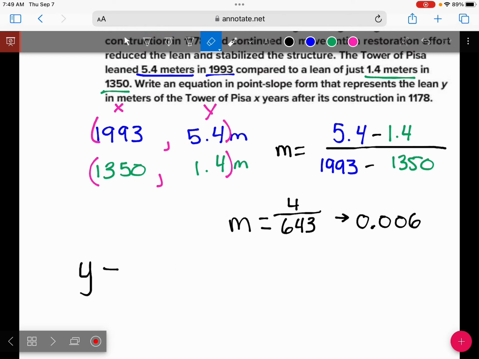I got excited because it was the 1990s. I love the 90s. Y minus 5.4 because we used our y value equals our slope of, I'm going to use the decimal, 0.006 times x minus 1993.